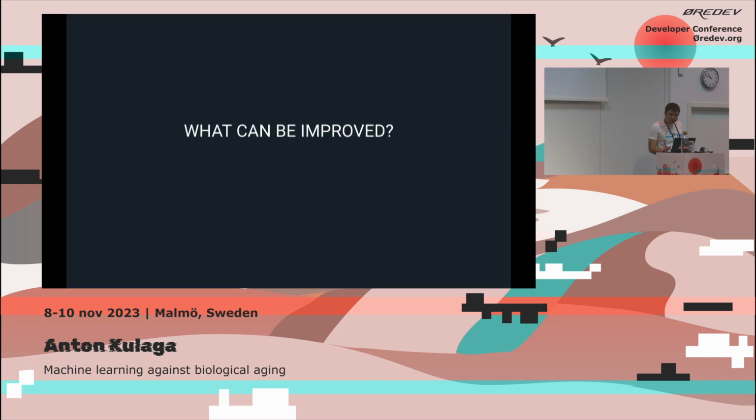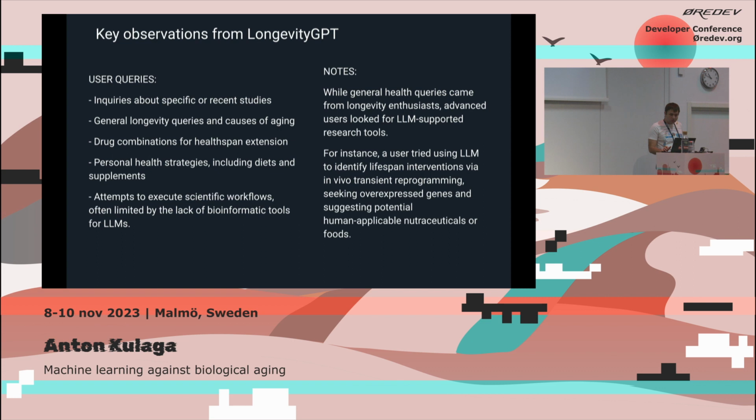And what we are focused on: we had some data on what users want. They want to know more about recent studies, they want to ask more about aging, about drugs that they can take, about personal health strategies.